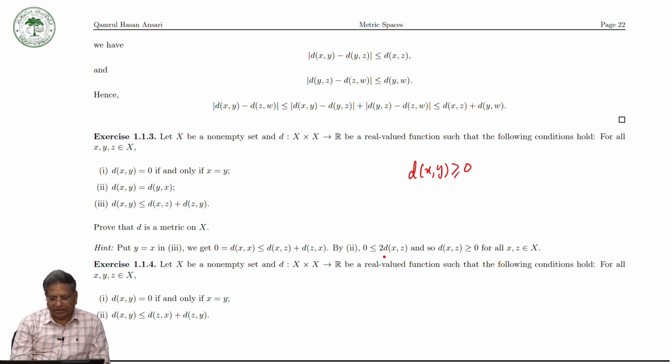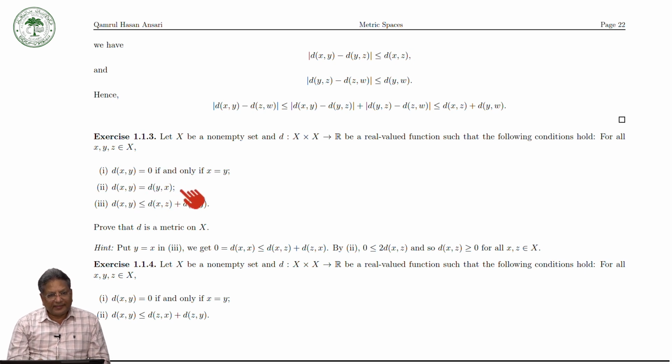So it means that dxz is greater than or equal to 0 for all x, z in X. So this holds good. This way you can prove that dxy is greater than or equal to 0 also holds good. So the first property M1 follows from the rest of the three properties.